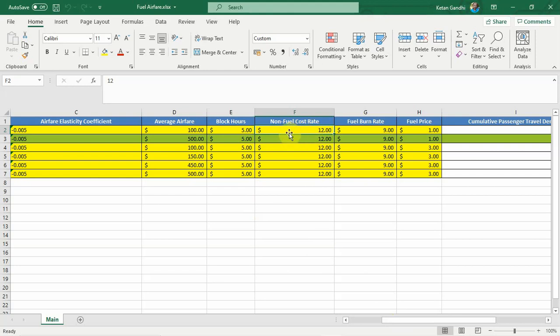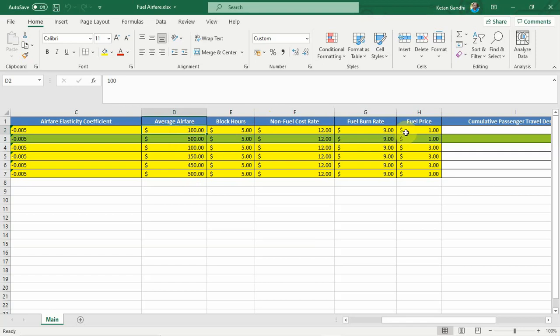This is per hour. The fuel burn rate per hour per seat is $12, and the fuel price is $9 per hour, and this is where the other change is. As we change the airfares from 100, 150 to 450 and 500.